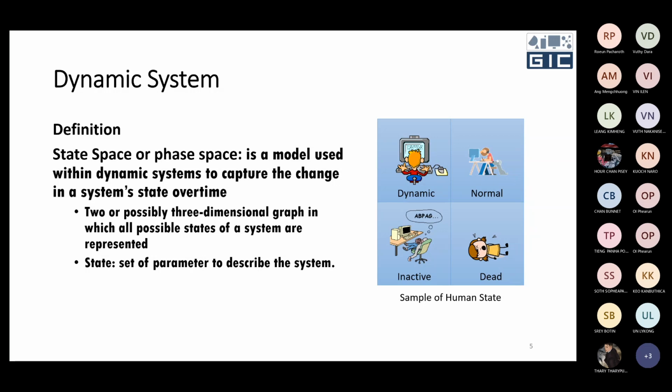The other type is an inactive human, and the last one is dead. Combine all of them together. If you store it, you can store it in a one-dimensional or two-dimensional graphic to show to the audience. The set of these elements we call state space.